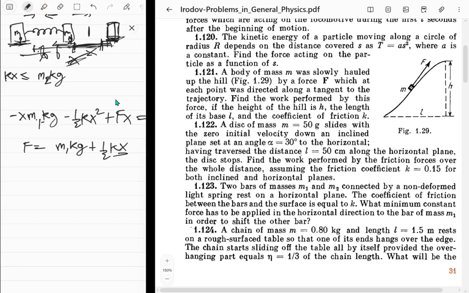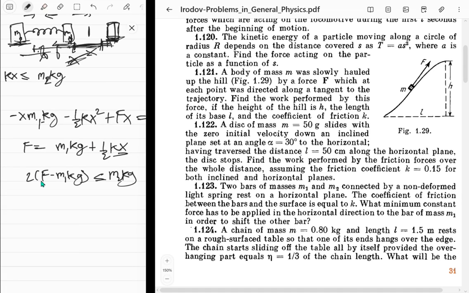What's the force on M2? It's just kx, right? So what you're saying is 2 times F minus M1 kg. This thing is equal to kx, and that should be less than or equal to M2 kg for this to not move. Whenever that is not followed, it will move at that point or before that, right?